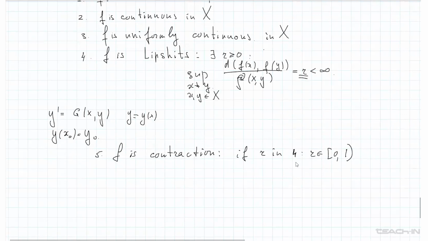And the sixth property is isometry. We can distinguish a full or a partial situation.